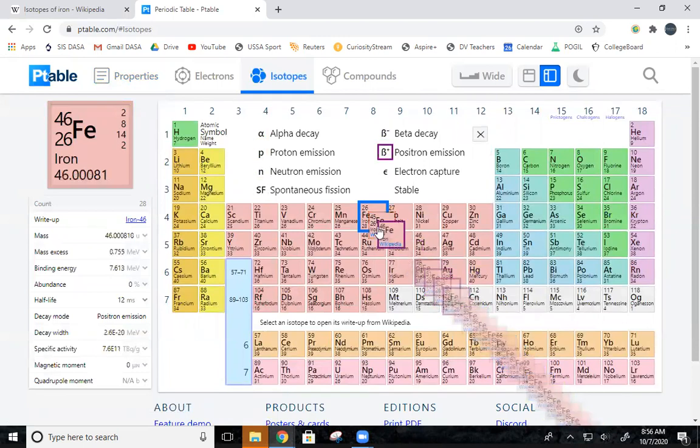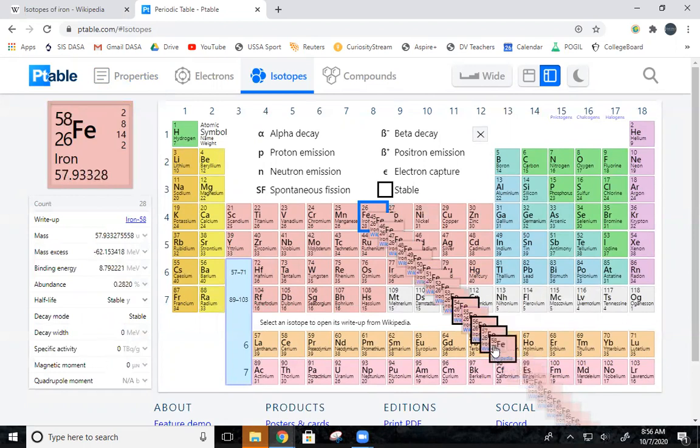Okay, iron. Whoa. This is fun. Oh my gosh. This is crazy. Okay. This is cool. So look at all these different isotopes. That's pretty crazy. It tells us your binding energy, iron 57, iron 56, mass.